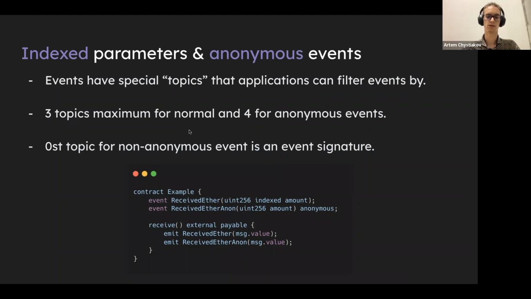But for anonymous events, this topic is not used, and users might populate it with whatever they want. This means that an outside application won't understand which event got emitted. So that is why it is anonymous.